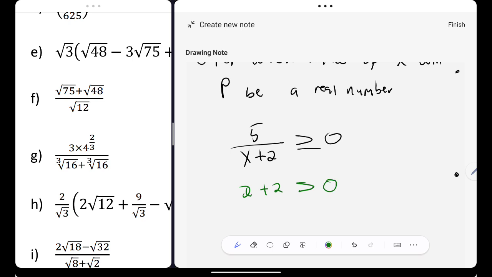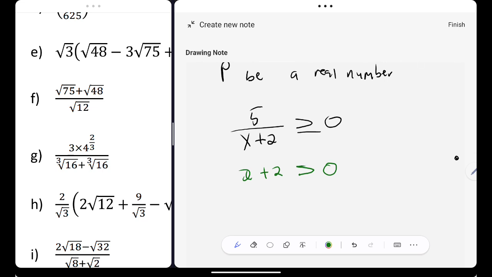Please note that I no longer put equal to 0 here because I don't want to have 0 on the denominator. Are you together? Because if I have 0 on the denominator, my entire thing will be undefined. So since I don't want to have 0 on the denominator, I will never put the equal sign there.